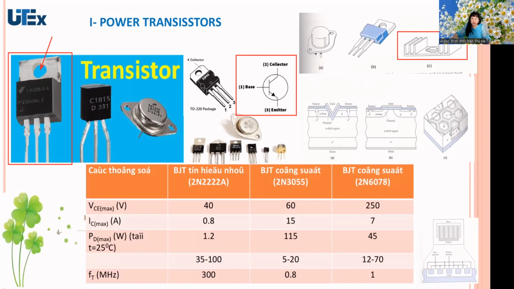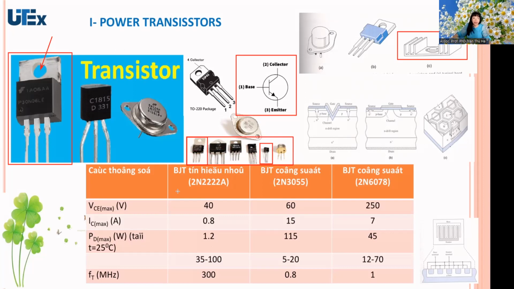And you can see some kinds of transistor: this kind has very small power, and the larger it is, the larger the power.